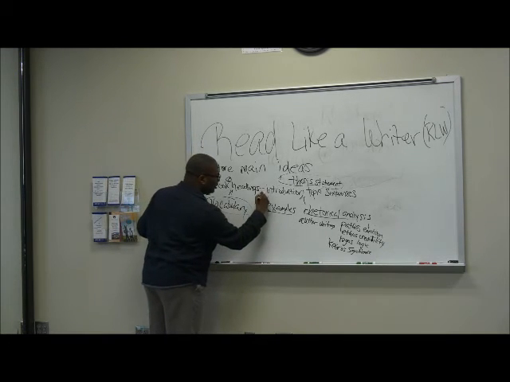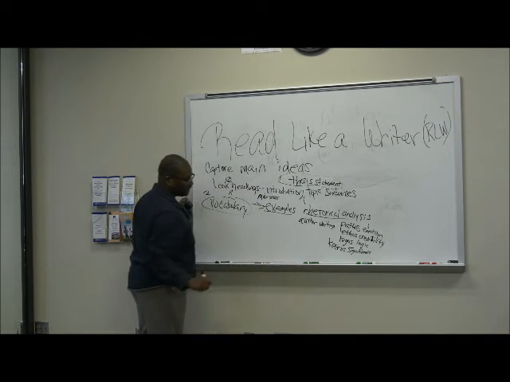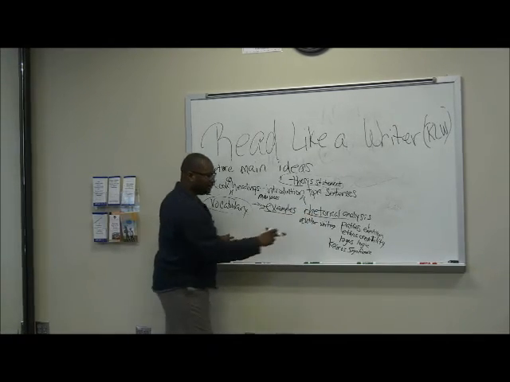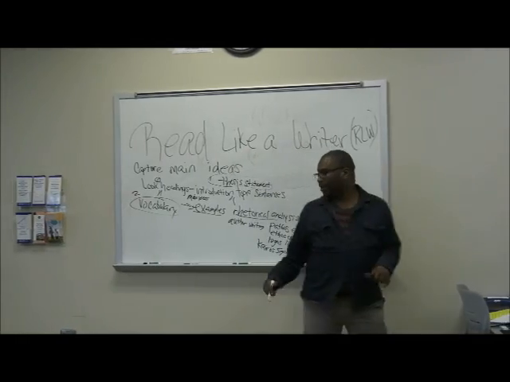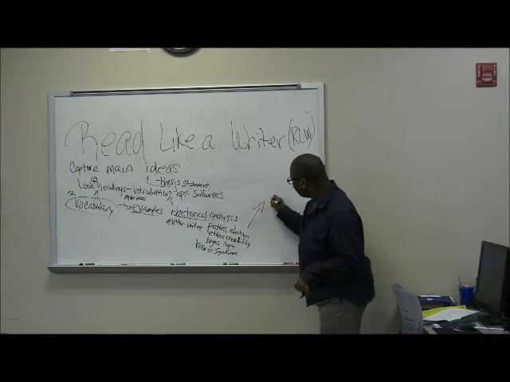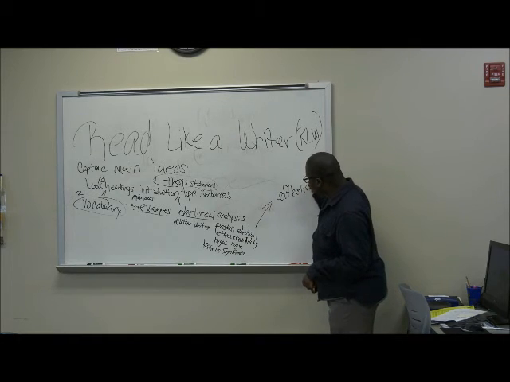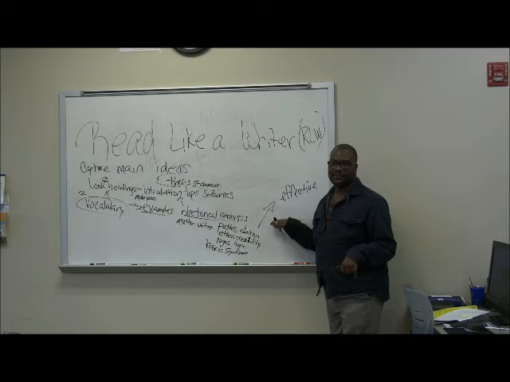We need our main examples, because we know what our main ideas are, so now we can pick out those examples, and if we're doing a rhetorical analysis, we can now identify these things. And then our next step, we could talk about whether or not the author was effective in meeting these four things.